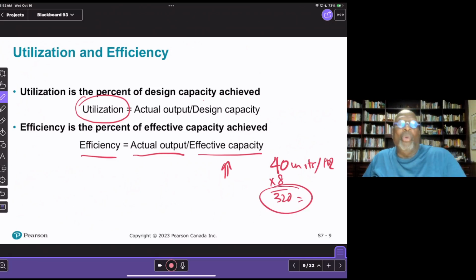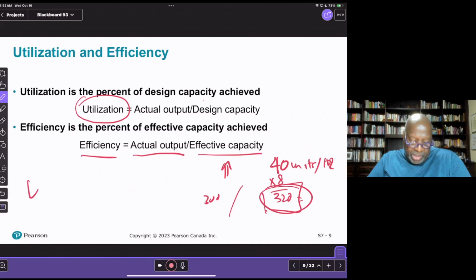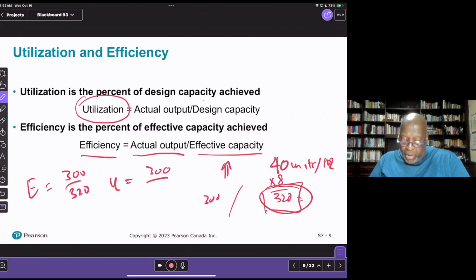We really can't go beyond that because of the nature of the design of the process and the things that have to be done. If your actual output is 300, and that's your effective capacity, then your efficiency is 300 over 320. But your utilization is 300 over, I think 5 is 400, right? Because we said the design capacity was actually 50 units per hour.